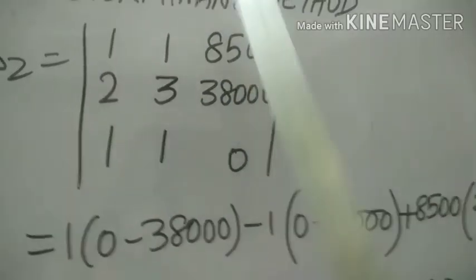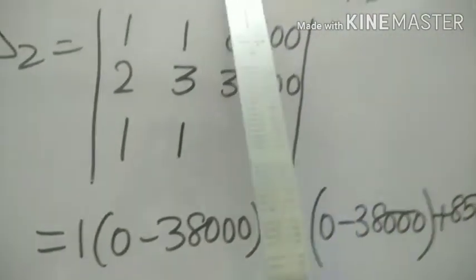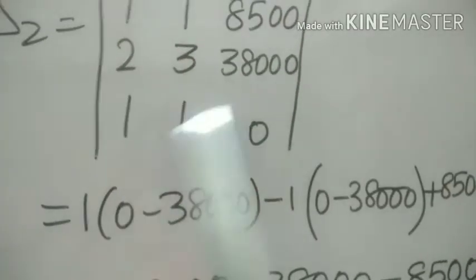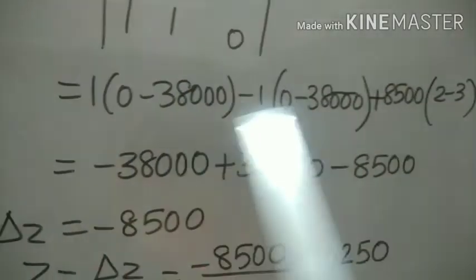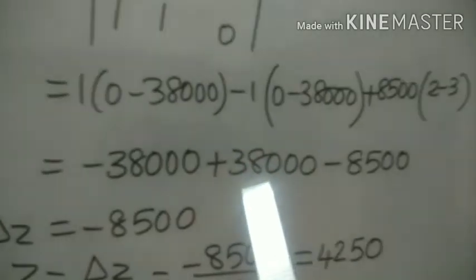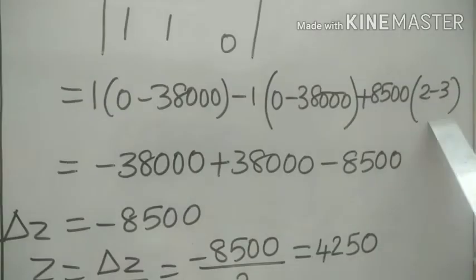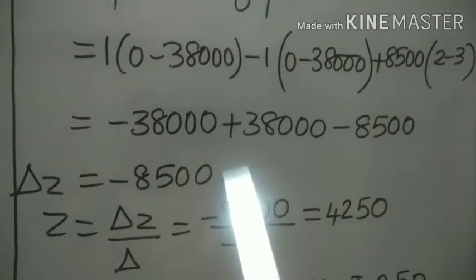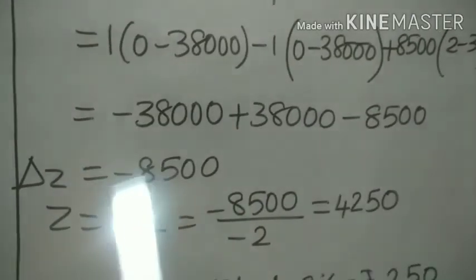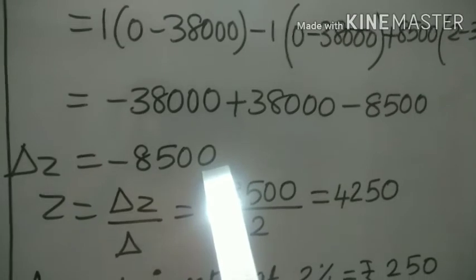Then third number 8,500, hide the row, hide the column, 2 minus 3. So we get minus 38,000, minus into minus plus 38,000, 2 minus 3 minus 1 into 8,500. As we simplify, del Z is equal to minus 8,500.